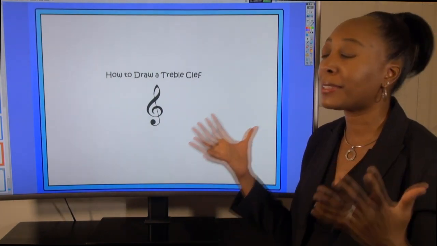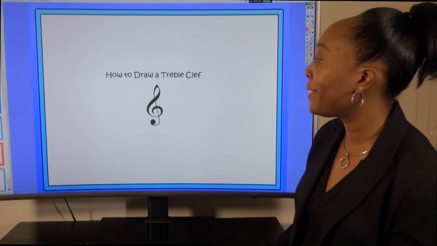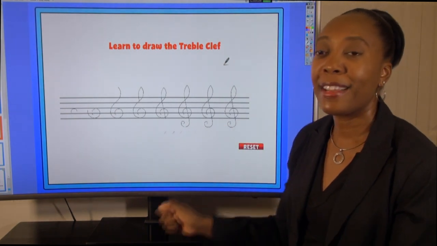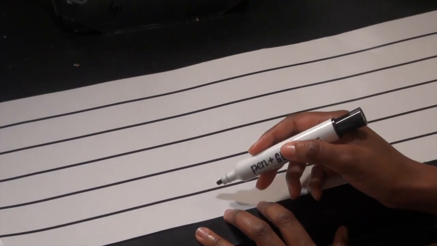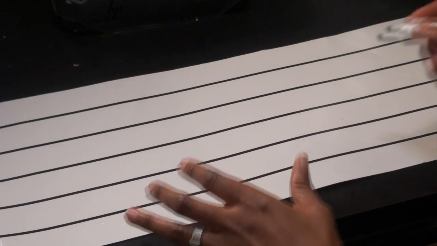Oh, yes, let's learn how to draw the G clef, also known as what? That's right, the treble clef. So we're going to practice drawing our treble clef right now. All right, so we have our music staff here. Remember, we count from the bottom up in lesson number 1. And now we're going to work on drawing the treble clef or the G clef.